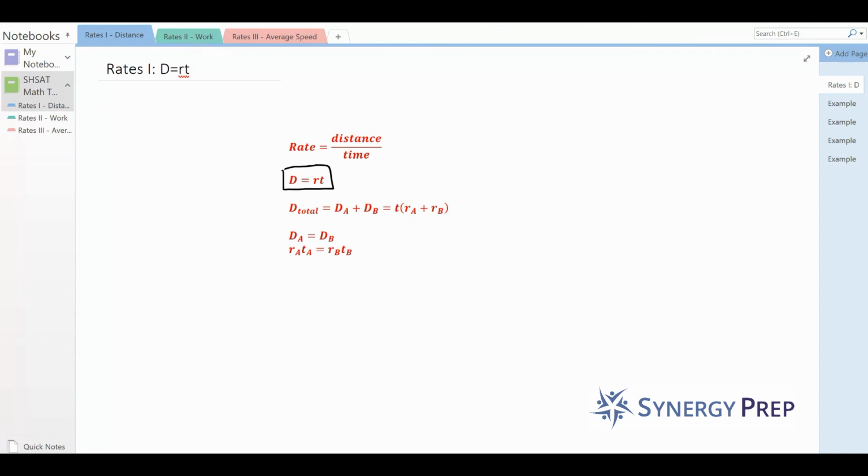We have two objects moving towards one another, which is essentially T times (RA plus RB). And of course, we have two objects moving the same distance with a head start of x. So that's it, guys. Those are the three question types for the first type of rate problems.